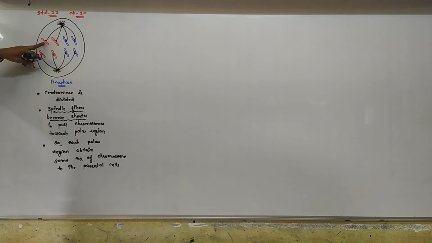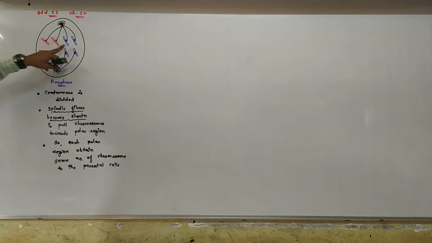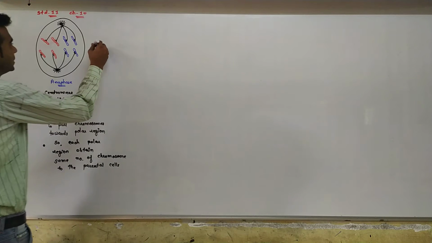Yes, here half red is there. So later on what happened? This half red and this red half join together and form the full red one. So this polar region obtains the same number of chromosomes as the parental cell. Now this anaphase is over.